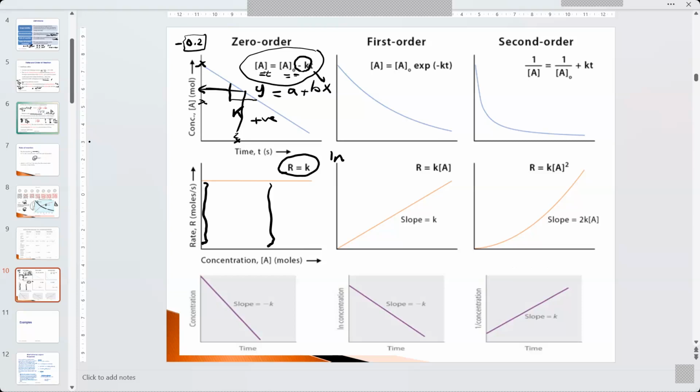If you didn't get a straight line, you try to see if it is first order. In first order, you plot ln concentration, or ln A, versus time. This curve will convert to a straight line.